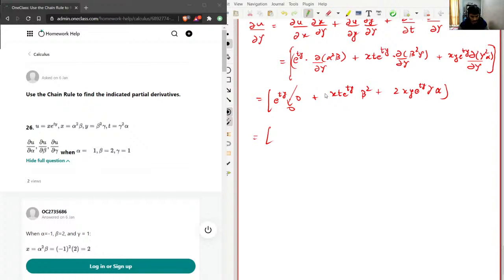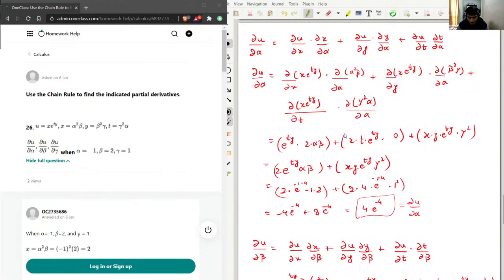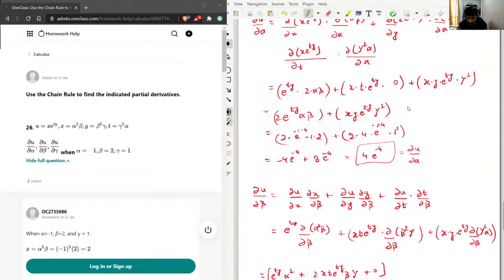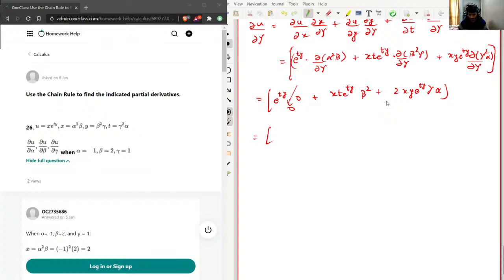So x was, again I have to go 2 4 minus 1. So this is 2 minus 1 e power minus 4 plus 2 2 4, and we do not have any d. Okay, now beta was 2, so beta square will be 4. Here e power ty is minus 4, gamma is 1, and alpha is minus 1.